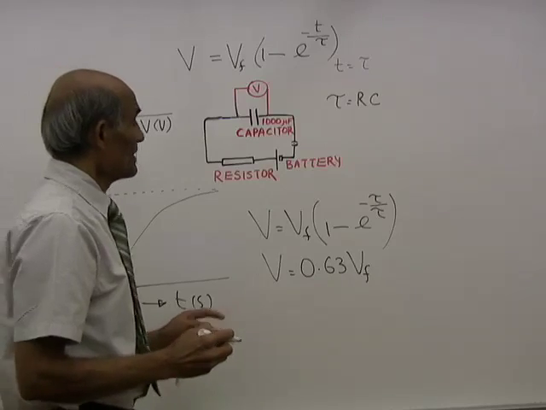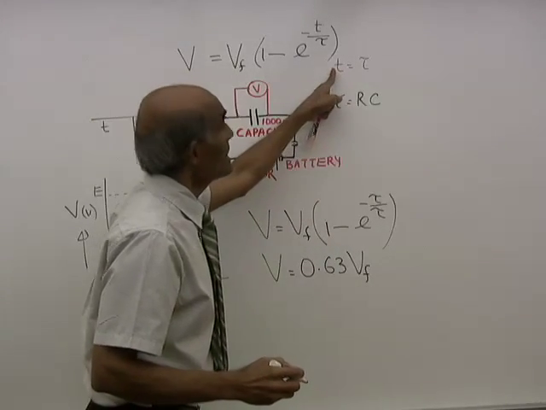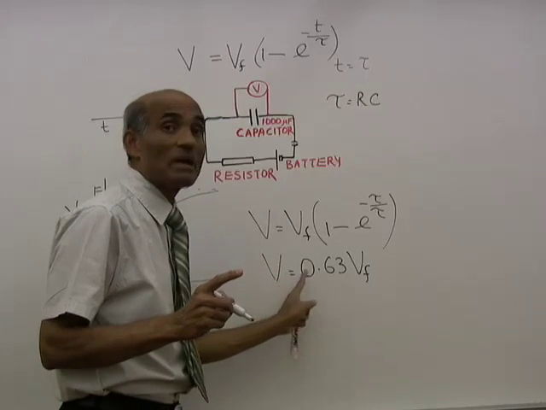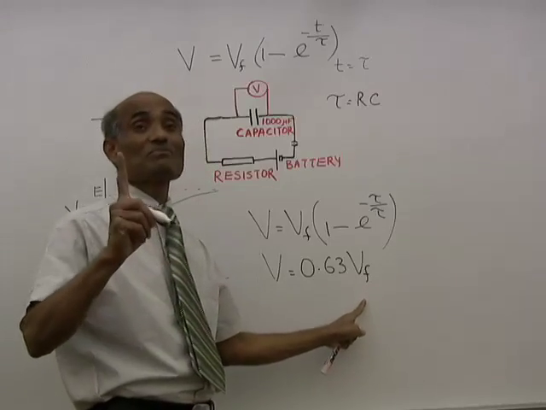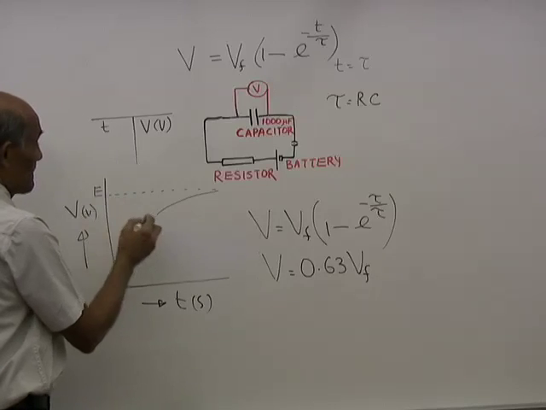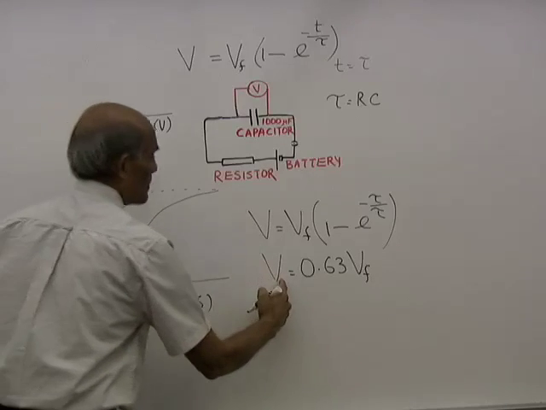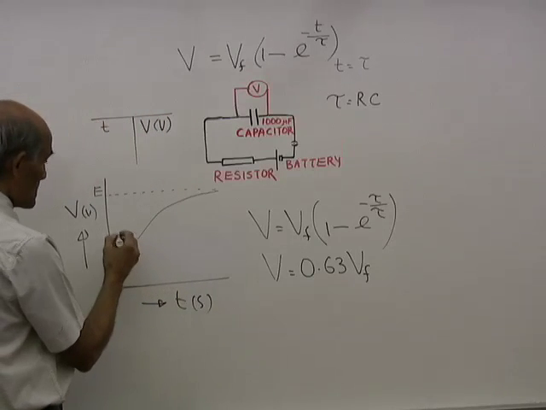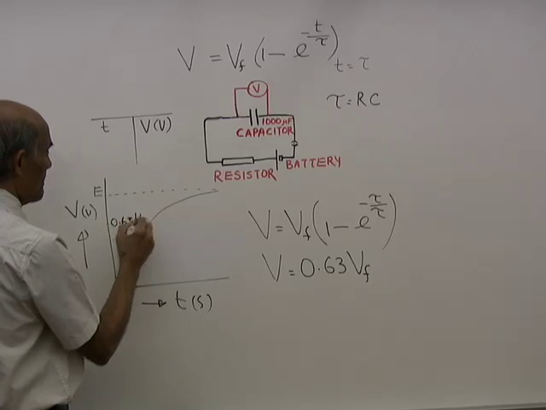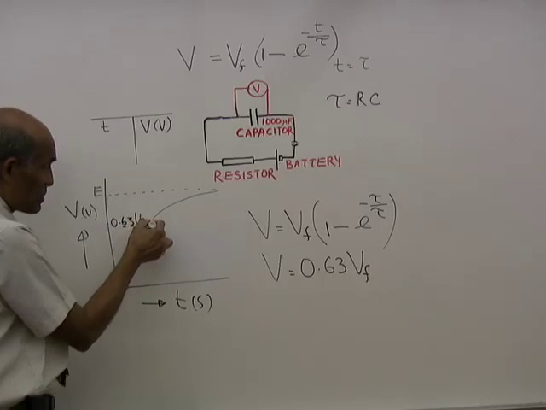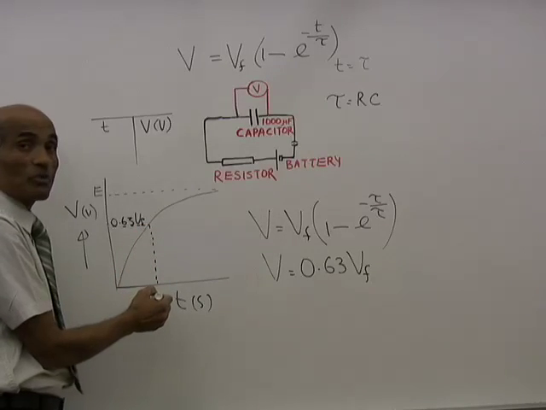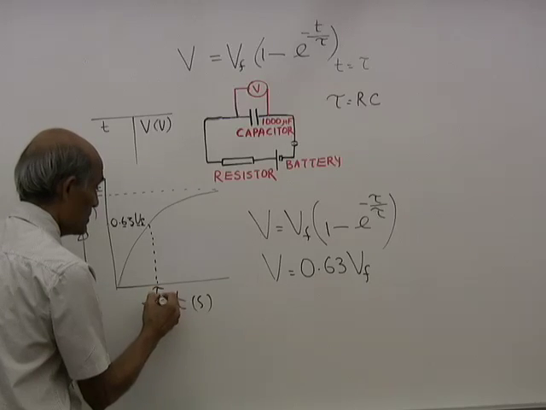In other words, this time t is such that during that time the voltage became 0.63 of the maximum voltage. Now, if the maximum voltage is the EMF and V equal to 0.63 Vf is somewhere here, then draw a line to cut the graph over here and then measure the time corresponding to that, and that will be your tau.